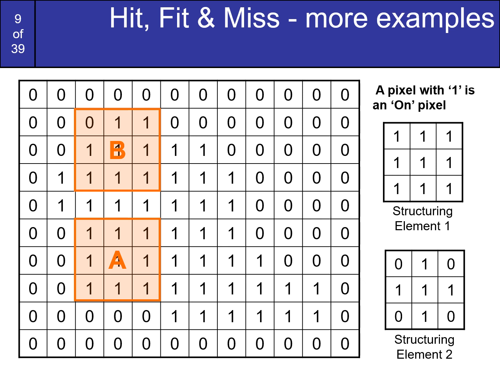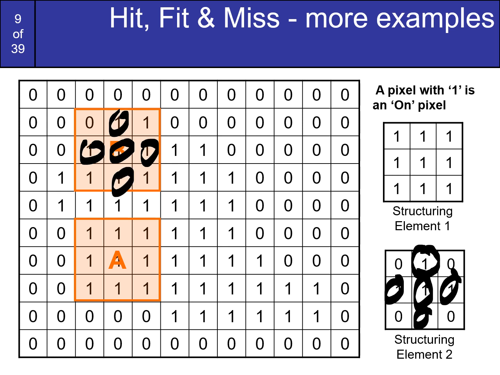Each of the ones on structuring element 2 still covers each one on the image, so this is still a fit. So SE2 has a fit on A and also a fit on B.